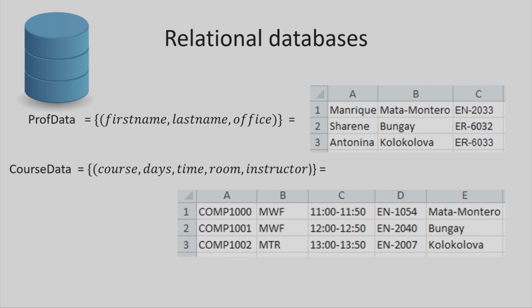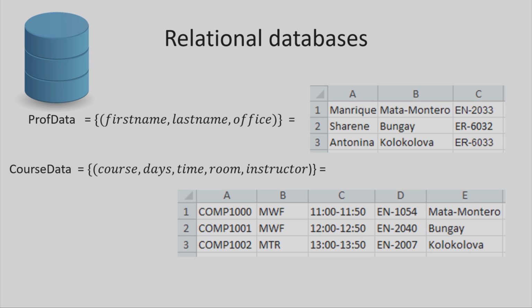So here is a more database example. For example, you have a database that contains list of all faculty members in our department with a column for their last name, a column for their first name, and a column for their office number. So in this case, you get the relation, which is a set of triples, where the first element is the first name of some faculty member, second is the last name, and the third one is their office.